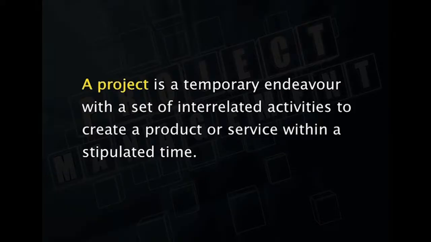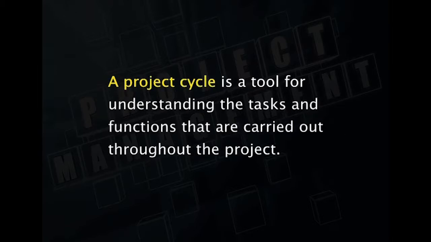Now, let us see where monitoring and evaluation stands in the project cycle. First, let us see what is a project. A project is a temporary endeavour with a set of interrelated activities to create a product or service within a stipulated time. A project cycle is a tool for understanding the tasks and functions that are carried out throughout the project.